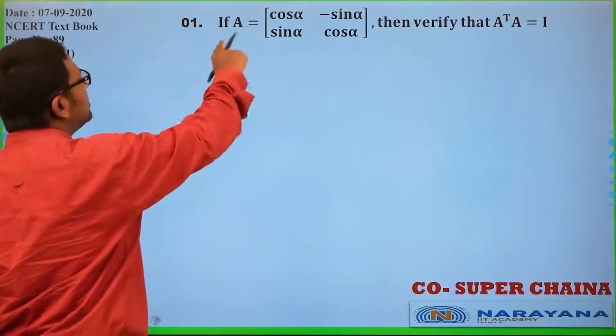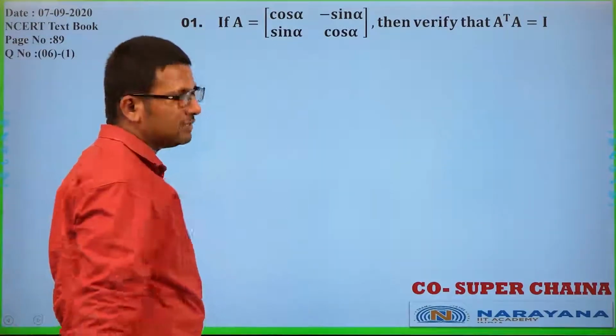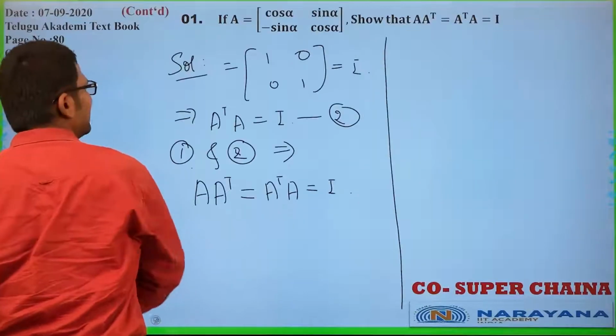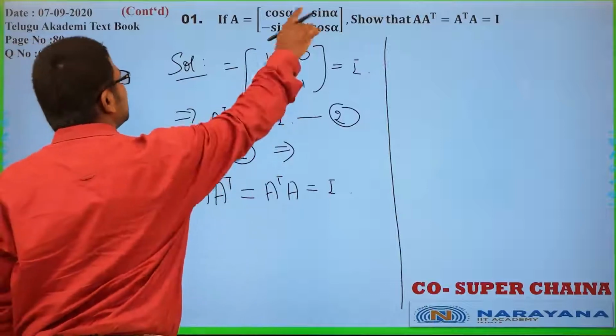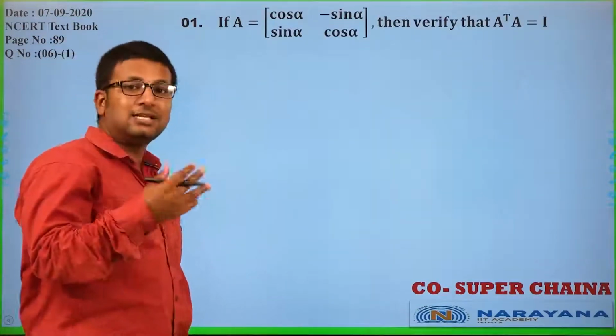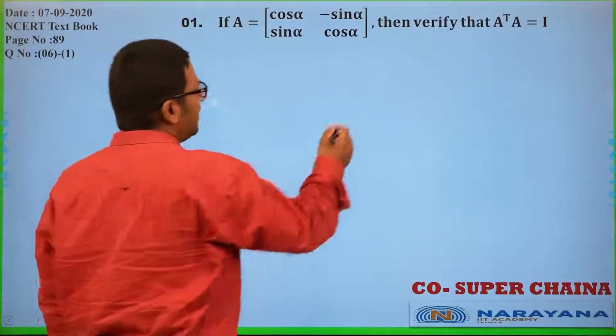Alright, if A is equal to cos alpha minus sin alpha cos alpha, verify that A transpose A is I. You see, this question is very similar, but the minus is here. So now we need to check whether the result is the same or whether the result varies.